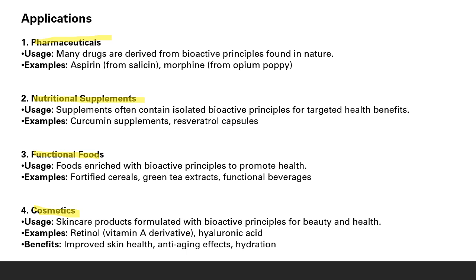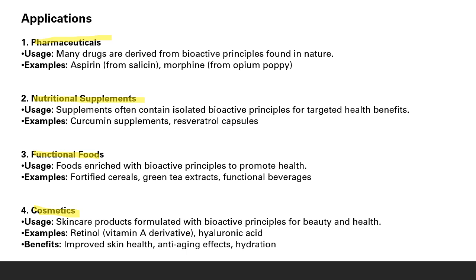First in pharmaceuticals, many drugs are derived from bioactive principles found in nature. For example, aspirin from salicin, then morphine from opium poppy seeds. We use them for effective treatments of various conditions with well understood mechanisms.